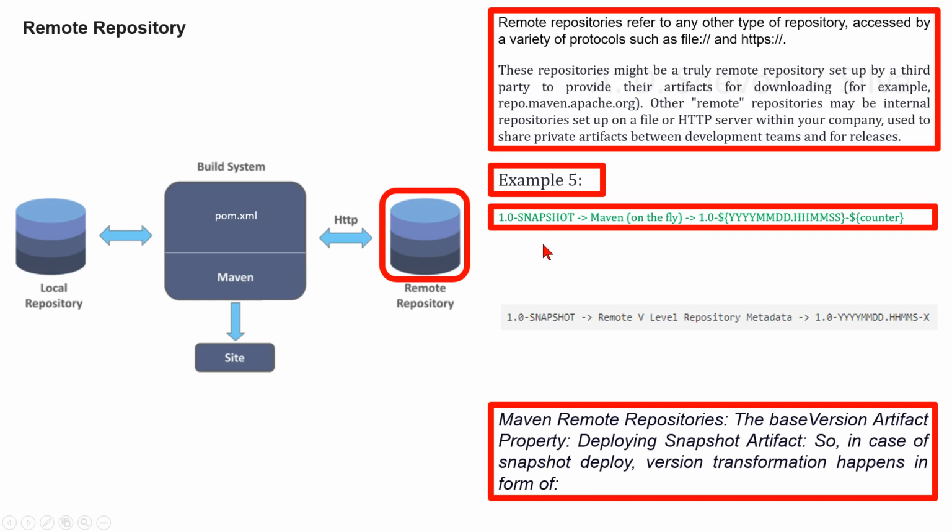Your POM locally usually contains a snapshot version in the form of a constant string ending with SNAPSHOT, for example 1.0-SNAPSHOT. But in case of deploy, this version is transformed to a timestamped snapshot on the fly by Maven, and when you check the deployed result, you will see the artifact files do not end with SNAPSHOT, but with a timestamp and build number.